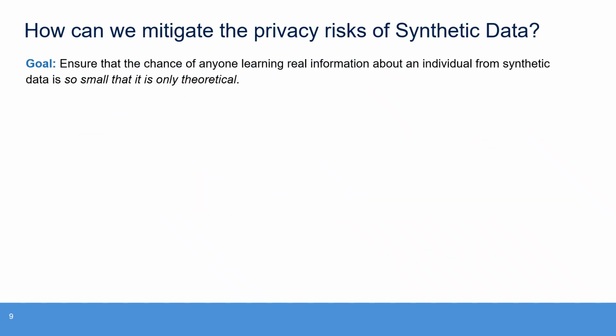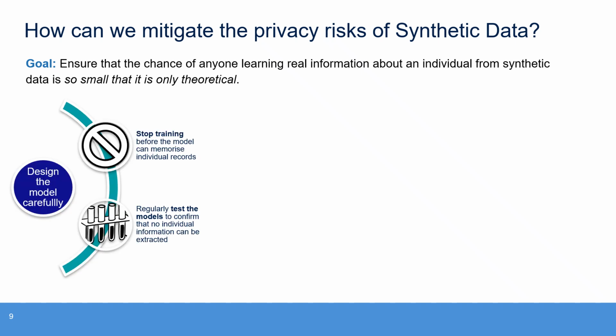And today, I'm here to reassure you that there are proven methodologies to keep these risks extremely low. The goal is to make the chance of anyone learning real information so small that it's only theoretical. There are a few key principles. The first, we need to design models carefully so they learn overall patterns, but don't memorize specific people.